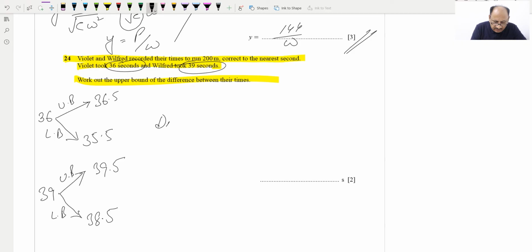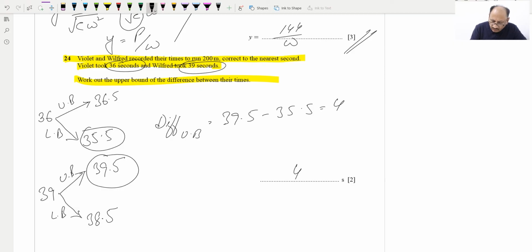How will we find it? The difference will be maximum when we take the upper bound of one value and subtract the lower bound of the other value. So 39.5 minus 35.5 gives us 4. That will be the maximum difference, 4 seconds.